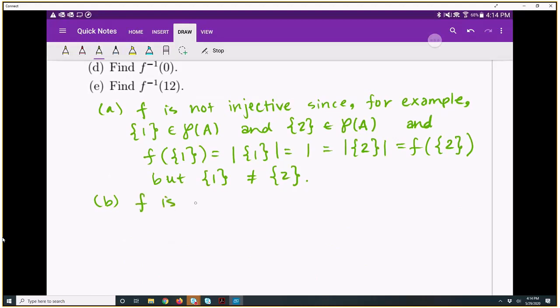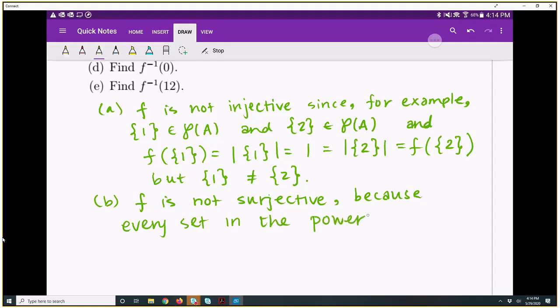So it's not surjective, because every set in the power set of A has cardinality less than or equal to 10. So all of the natural numbers larger than 10 don't have any preimage in the domain.